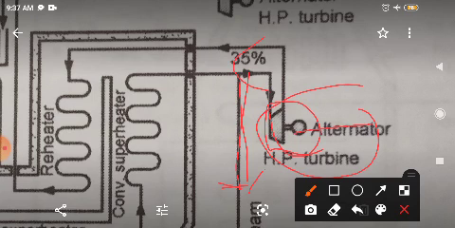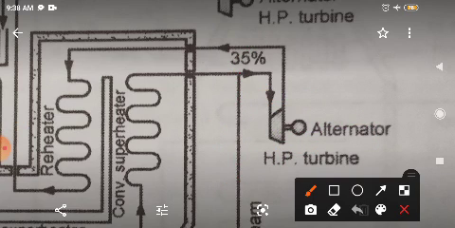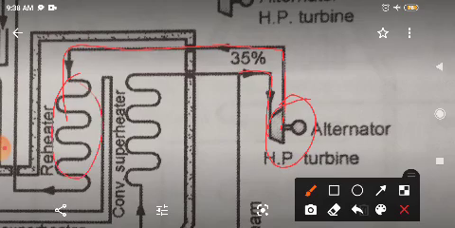Then this 65% is used again in the evaporating drum for evaporating the water. Now you can see here this 35% steam is expanded in the turbine. Its enthalpy gets decreased, and again it is sent into the boiler and it is reheated.